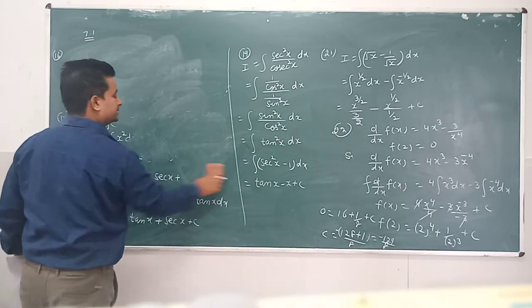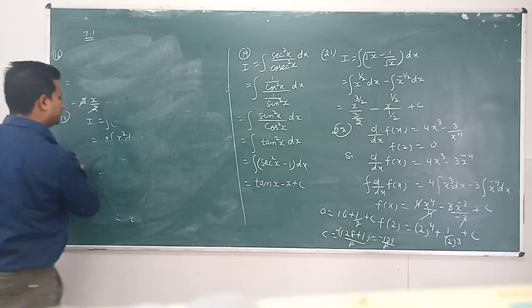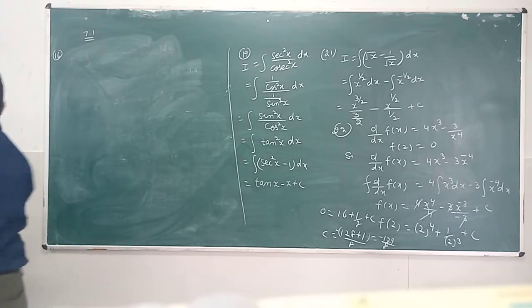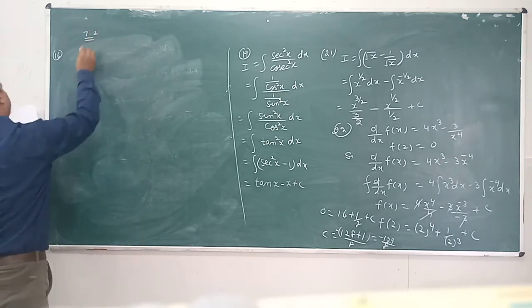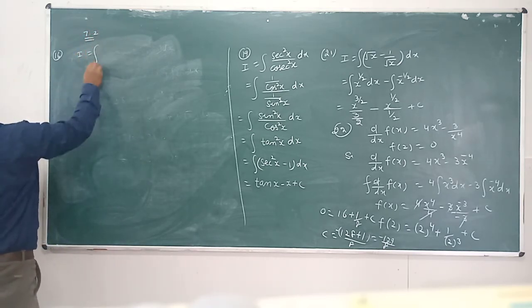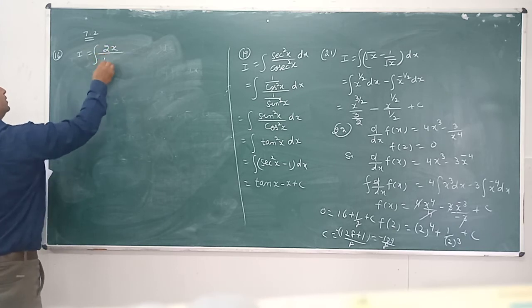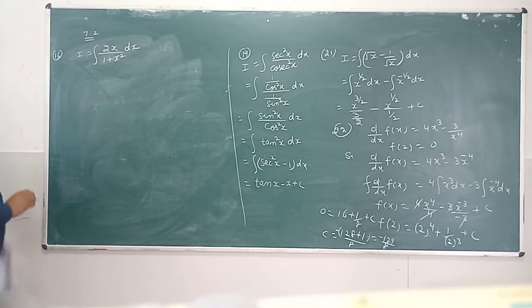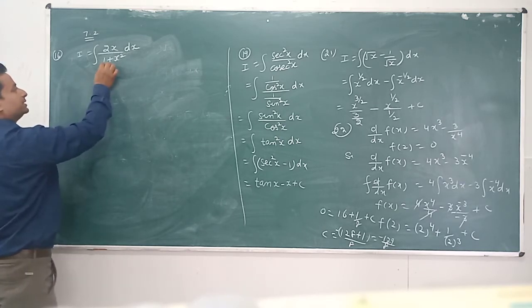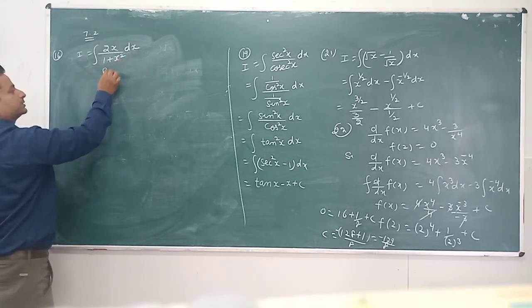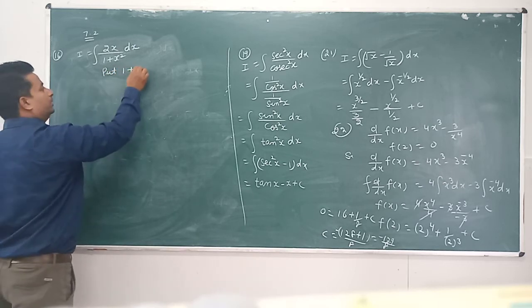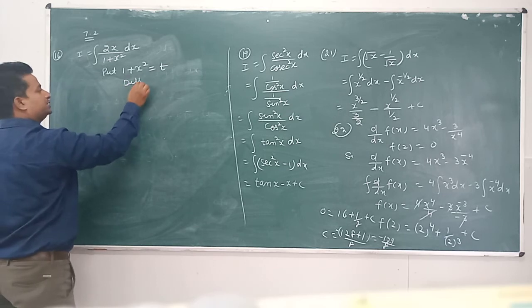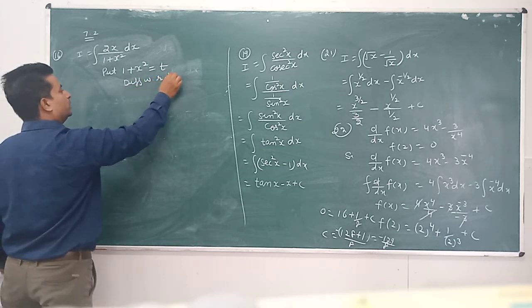In exercise 7.2, we start exercise 7.2. The first sum is I is equal to the integral of 2x upon 1 plus x square. As we know, the differentiation of 1 is 0 and of x square is 2x. So we put 1 plus x square equals t and differentiate with respect to x.